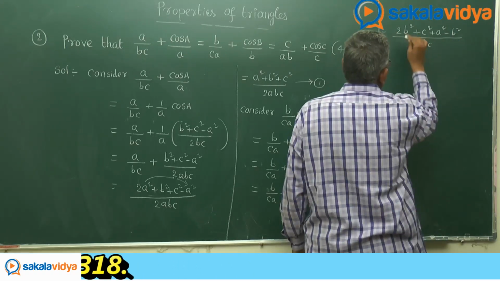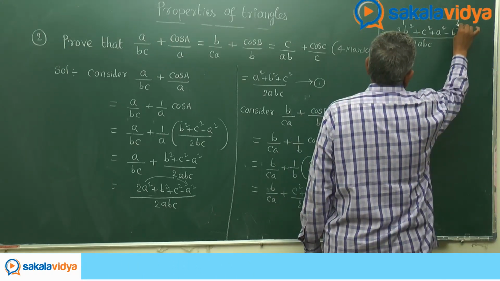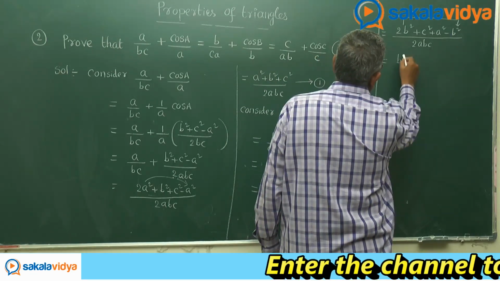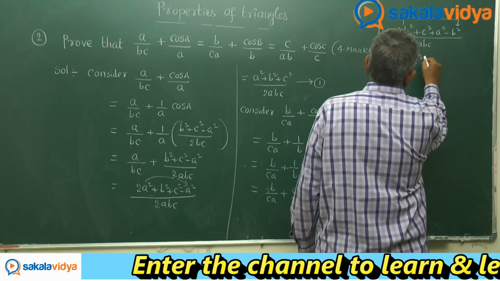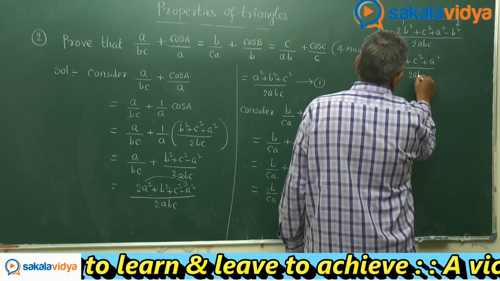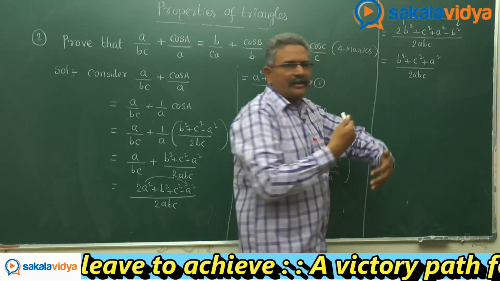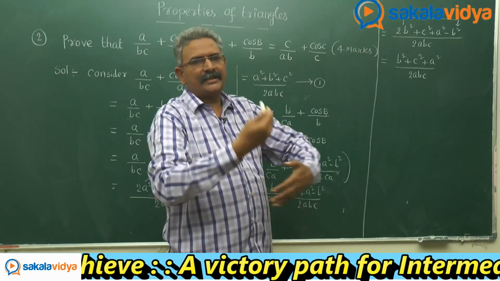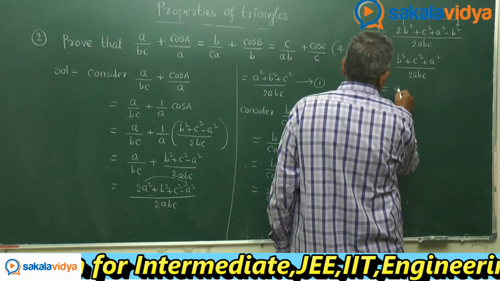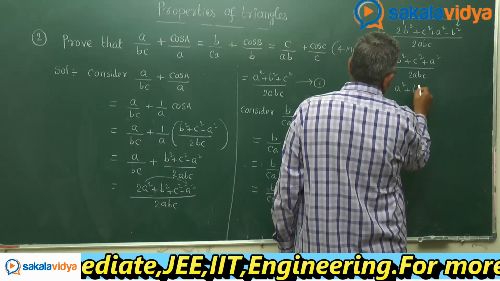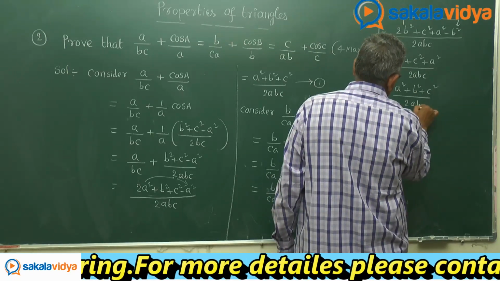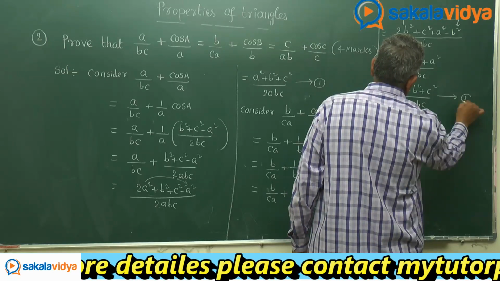Let it be simplified. 2b² - b² gives b². So b² + c² + a² by 2abc. Arranging in cyclic order a, b, c, we get (a² + b² + c²)/2abc. Say this is equation 2.